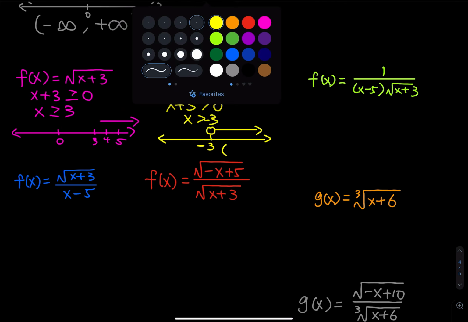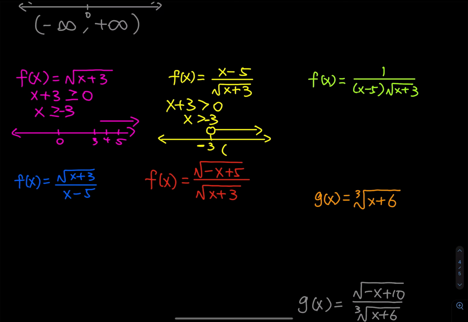Negative 3 is on this side, and then we have an open circle, like that. Then we have negative 3 all the way to positive infinity. This is a negative 3, so this one will be a parenthesis, negative 3 all the way to positive infinity.